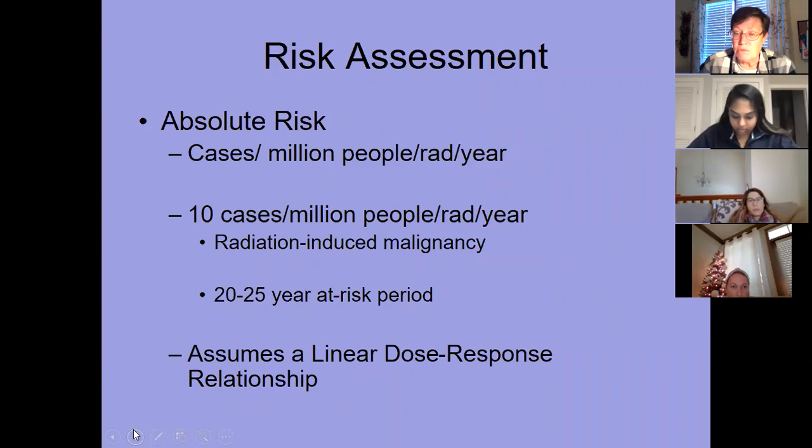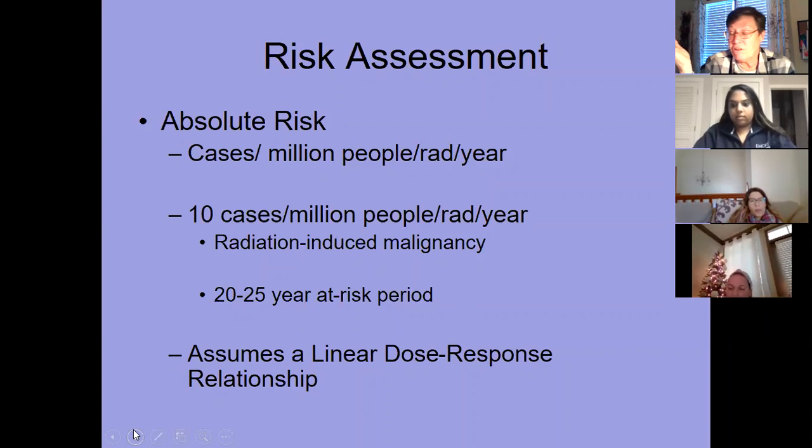If you exposed those 100 people to a single exposure of 0.1 sievert or 100 millisievert of low LET radiation, which would be like X radiation, you would expect to induce 1 additional cancer. So instead of having 42 people out of 100 with cancer, you would have 43.